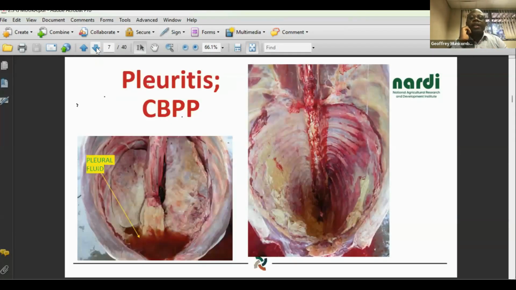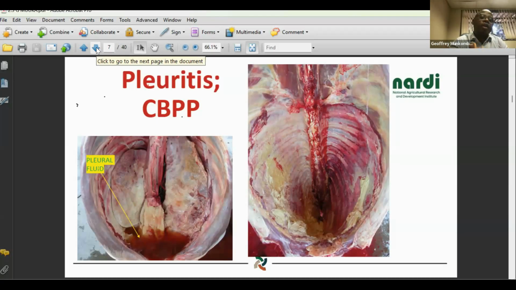You find pleuritis in CBPP, as Massimo mentioned, and it's very pronounced. In this surgical cutting of the animal, you can see in situ the lungs that have CBPP, and the pleuritis, which is very pronounced, on our right hand side. That pleuritis is very pronounced after removal of the plaque together with the lungs.